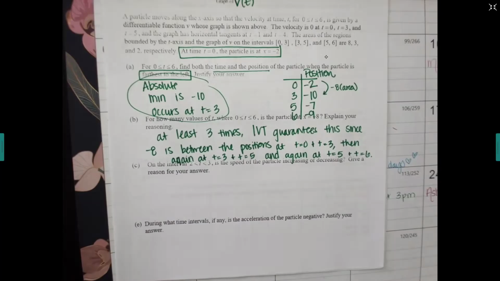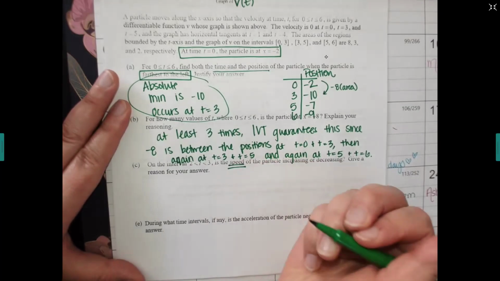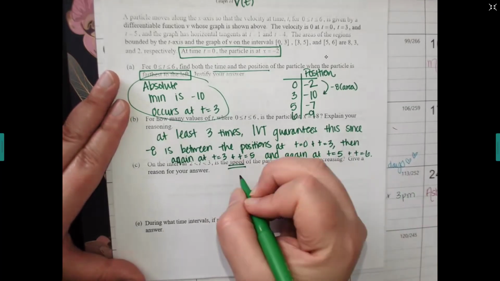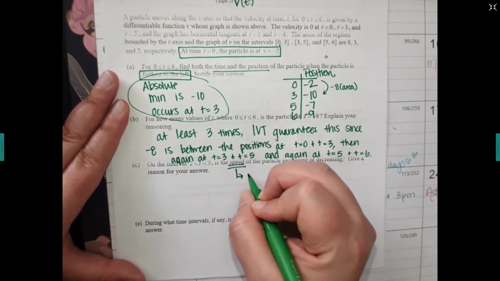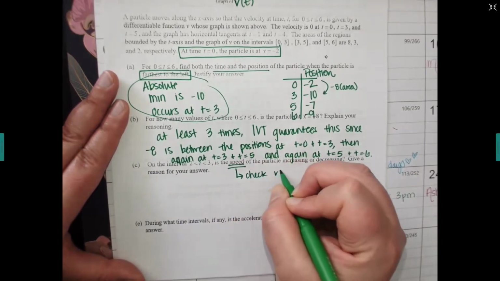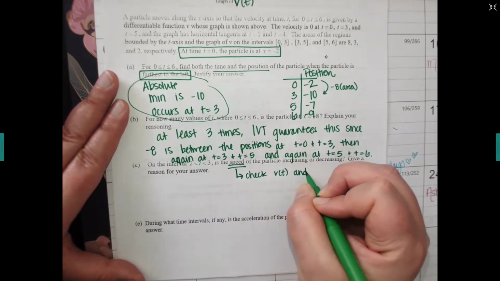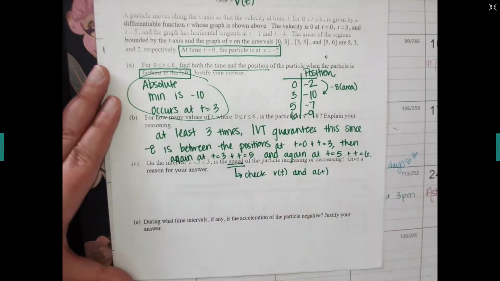Okay. Next question asks us about speed. Do you remember what has to be the same sign for speed? Is it position, velocity, or acceleration? It's 2 out of the 3. Acceleration and velocity, very good. So in order for speed to be increasing or decreasing, we need to check V of t and A of t.